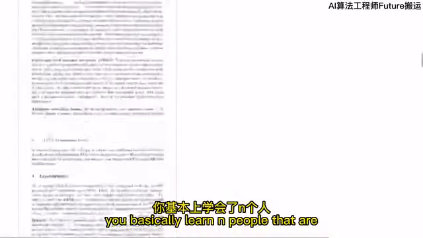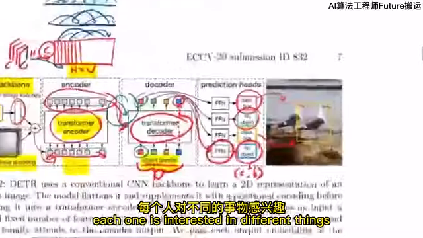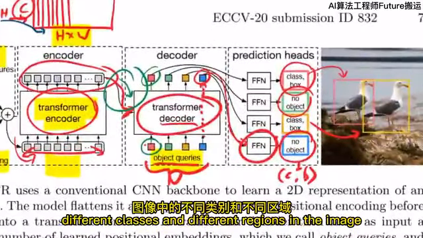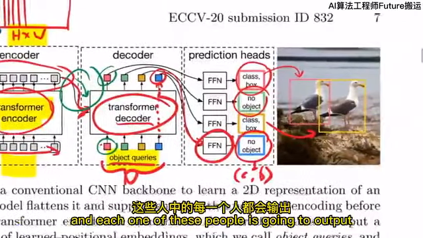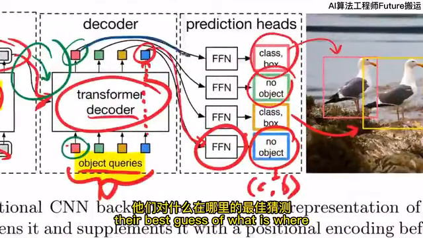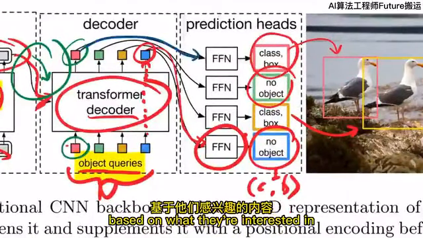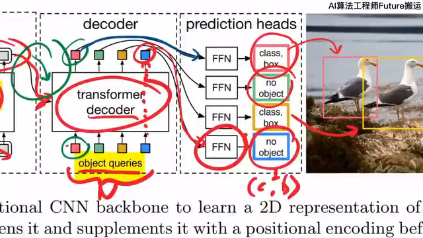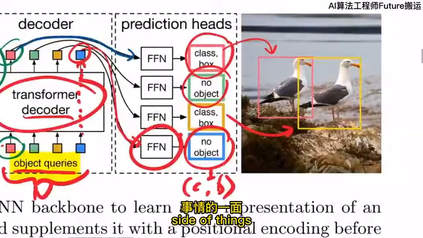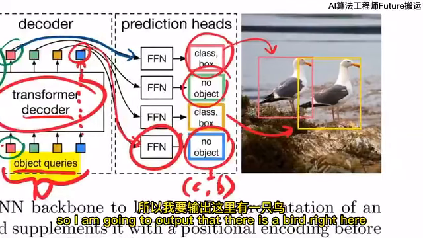You basically learn n people that are each interested in different things, different classes and different regions in the image. And each one of these people is going to output their best guess of what is where based on what they're interested in. So that person might say, I'm the person that's interested in the left side of things, so I'm going to output that there's a bird right here.